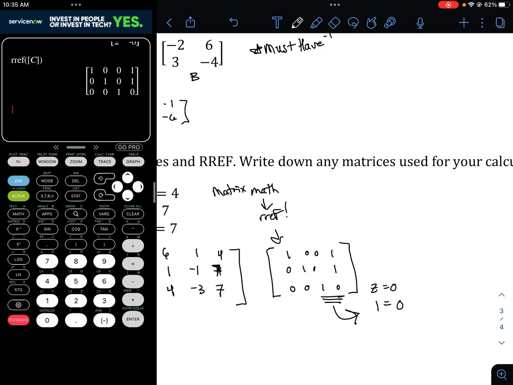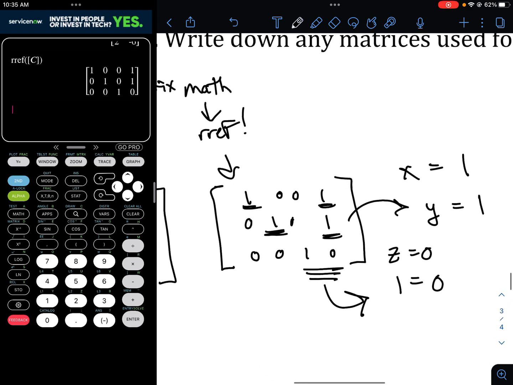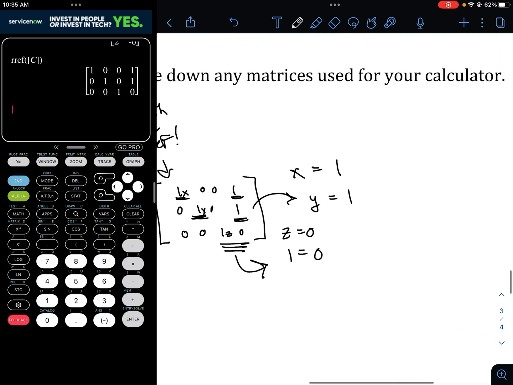So z equals 0. 1 equals 1. Y equals 1. And right here, x equals 1. So that is what's going on here. This represents 1x, 1y, and 1z. And we have our solution, 1, 1, 0. And that is the answer.